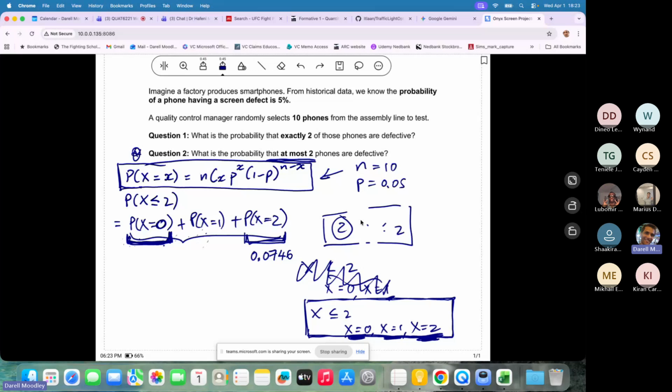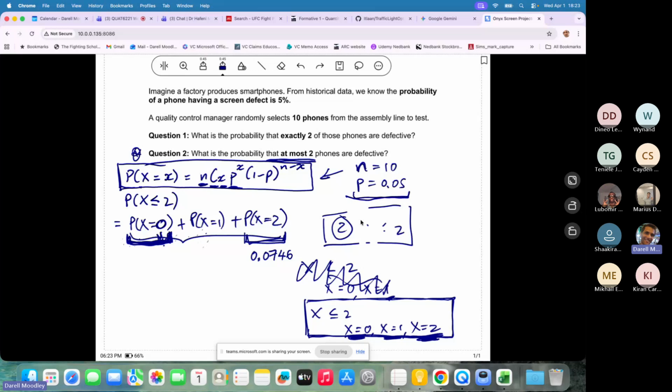So how we would enter it in our calculator, remember n is 10, so the first part is 10. We're going to write 10, shift, and then you're going to press the division button to get your C. The next value is your X, and in our case, our X is 0. So it's 0 times p, which is the next value here, which in our case is 0.05.